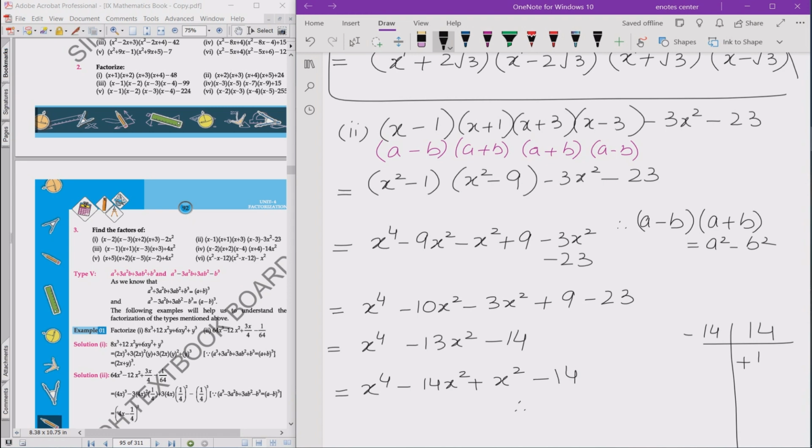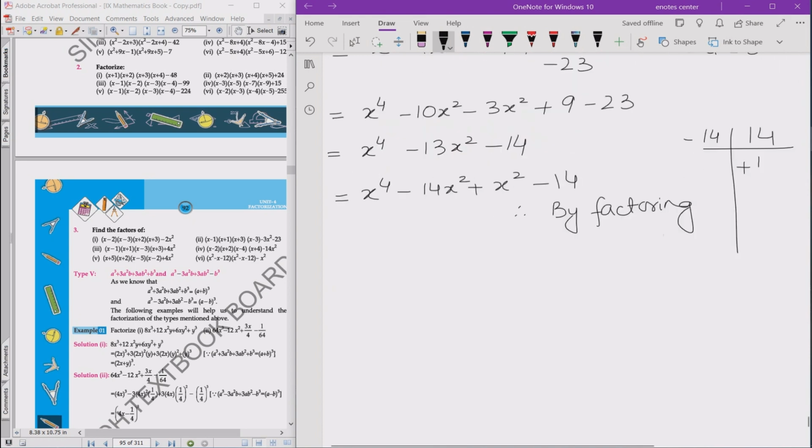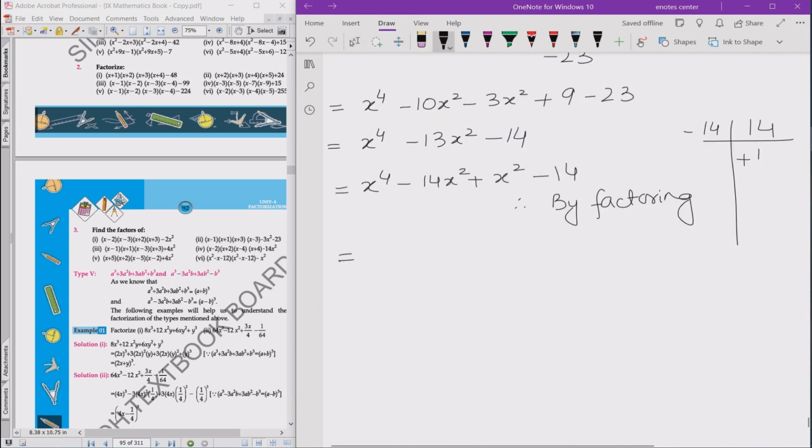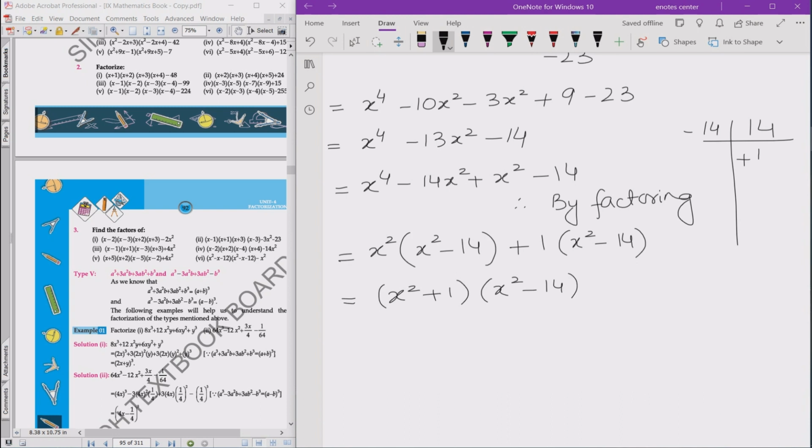Now we will proceed by factoring the term. Now we have to further simplify: common is x square here, and common is 1 here, so x square minus 14, right? Now we have x square plus 1 and x square minus 14 here.